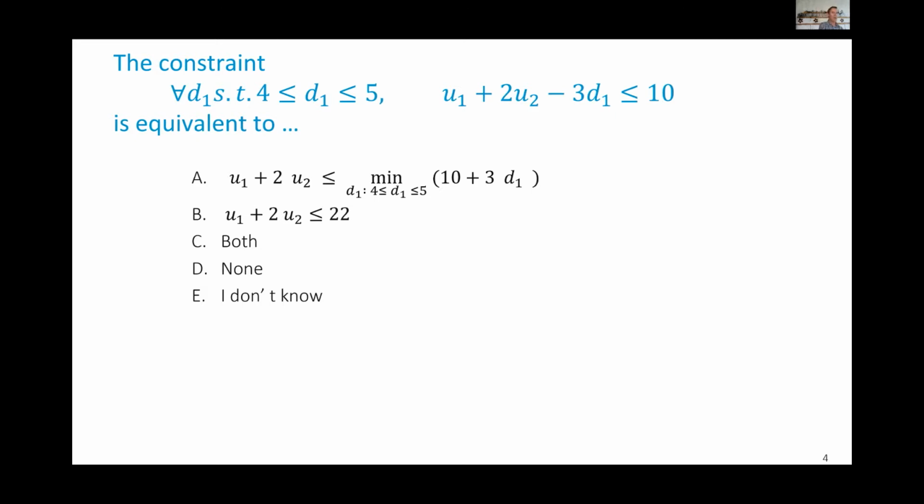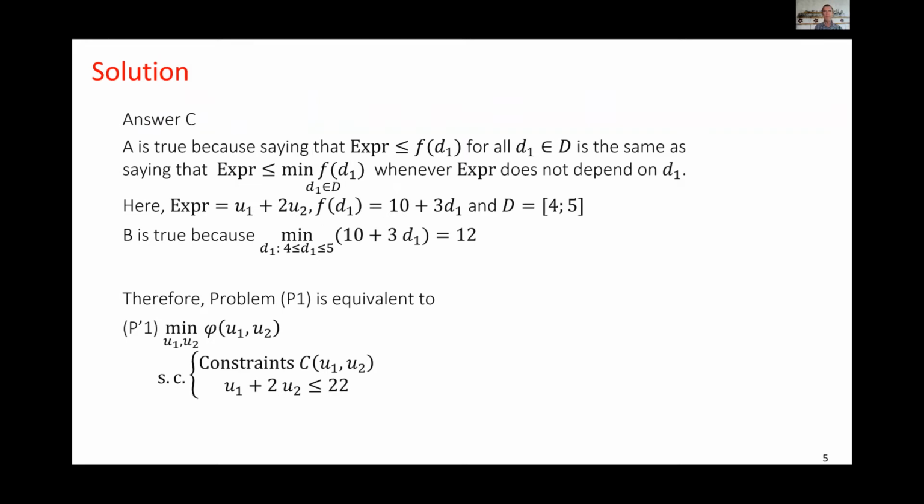And the correct answer is both. But the most important thing is the first one. So saying that this quantity U1 plus 2U2 minus 3D1 is less than 10 is the same as saying U1 plus 2U2 is less than 10 plus 3D1.